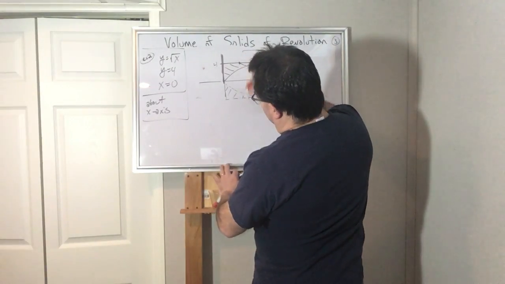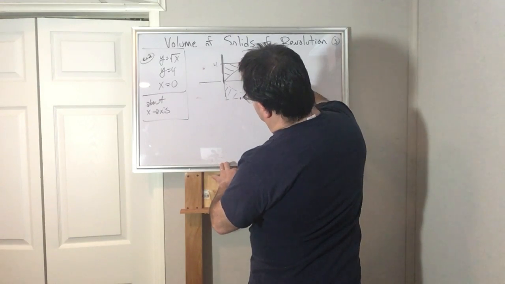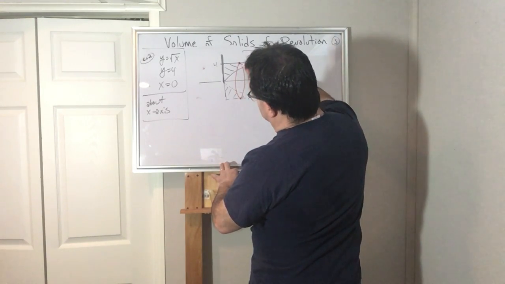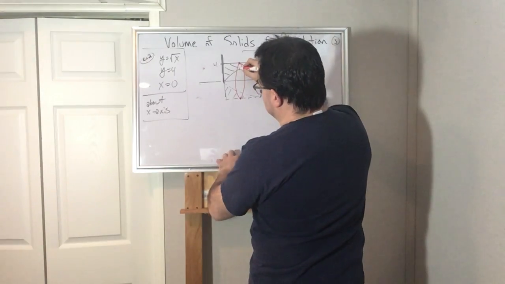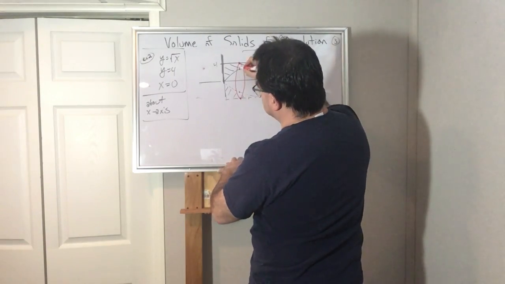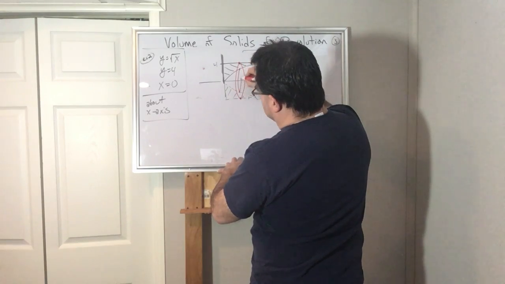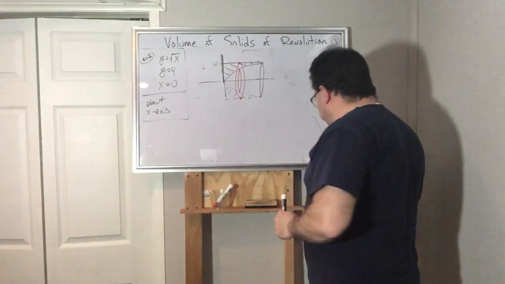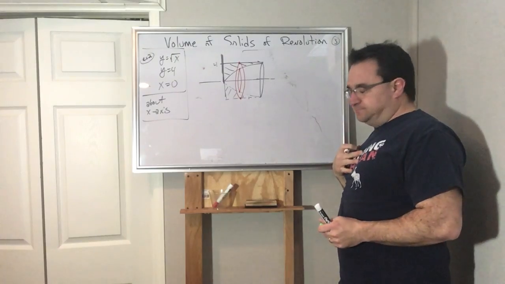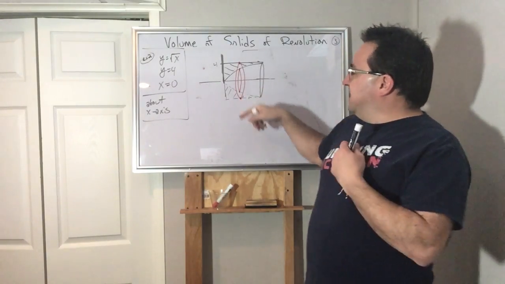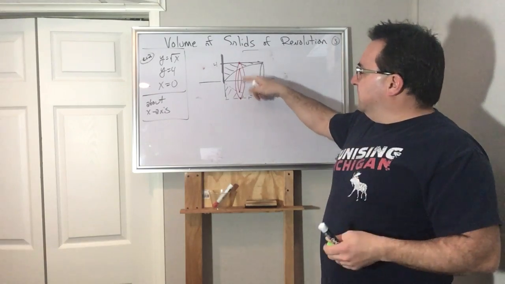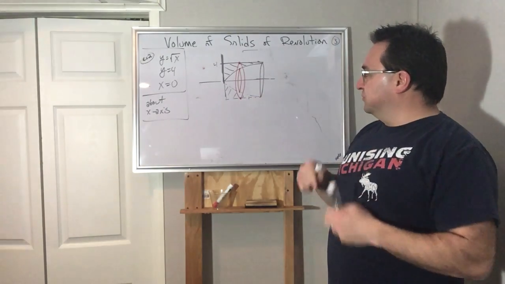That is going to be a washer. So I start with the outer edge, and I'm going to draw a little thicker ellipse than I did with the disc method. So there's my inner radius, the smaller part of the circle.